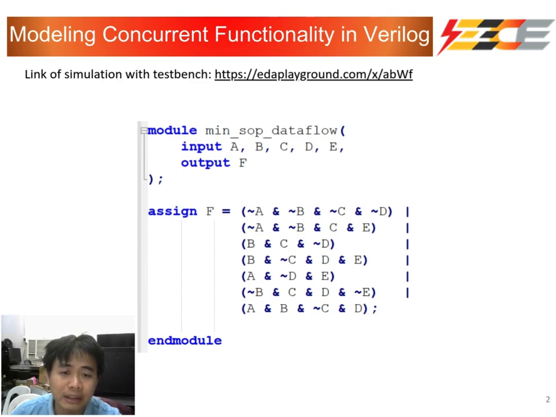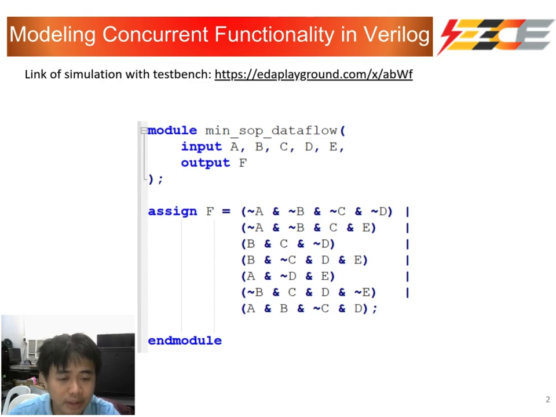First, for the concurrent functionality modeling in Verilog, this code implements the simplified Boolean function using dataflow modeling. It has 5 input variables A, B, C, D, and E, and one output, F. The assign statement defines F as a continuous combination of 7 product terms, or min terms, using the logic operators NOT and AND.